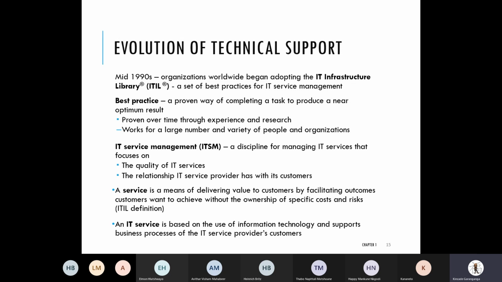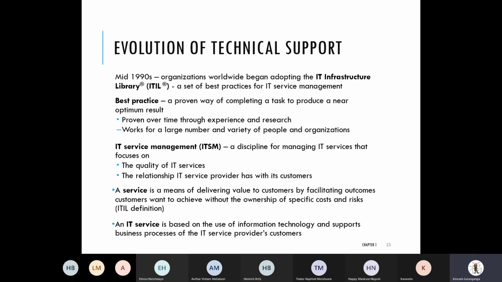So there was the ITIL, which is short for IT Infrastructure Library, created back in the 90s, which is basically a set of best practices for IT service management. It's more or less a manual or a guide used in that setup.